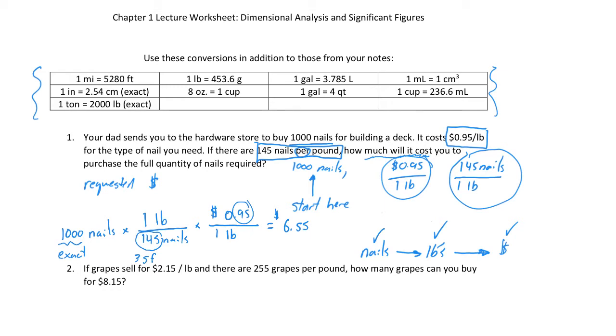It's not necessarily absolutely true that this would have 3 significant figures, but I think it's a safe bet. Okay, and then we get over to our dollars per pound, and I would say here that it's probably safe to say that this is 2 significant figures. Even though we know that there are exactly 95 cents per 1 pound, you still have to measure the pound out. So let's just call it 2 significant figures, and we look at our terms. We're doing multiplication. We're limited by 2 significant figures.